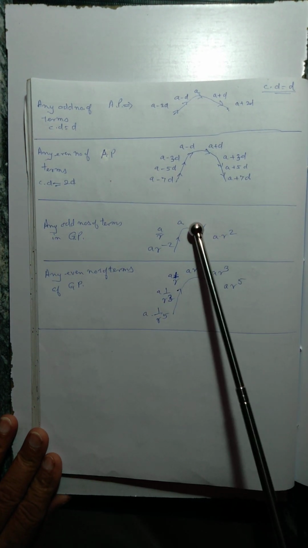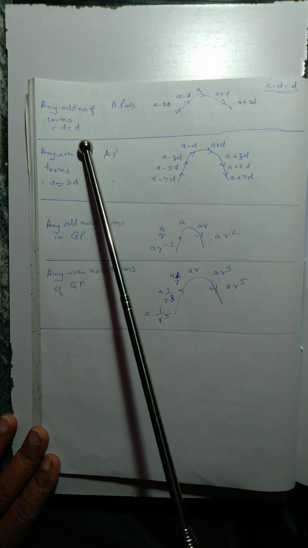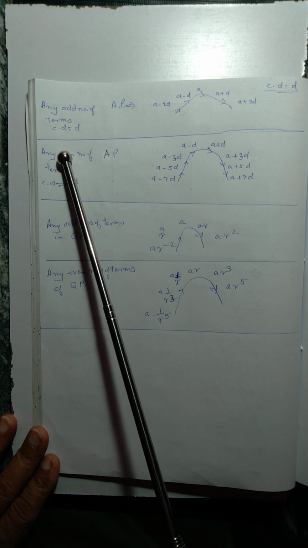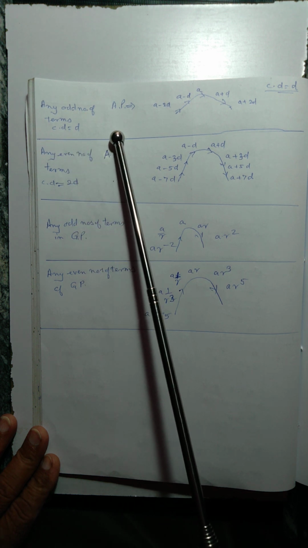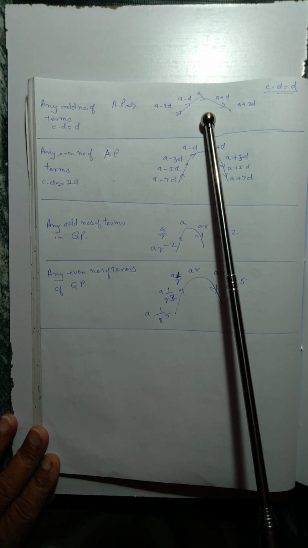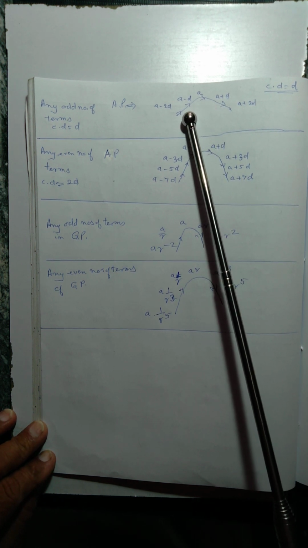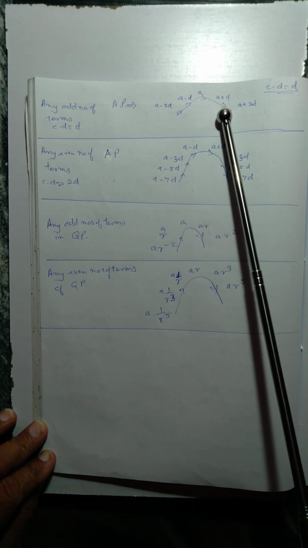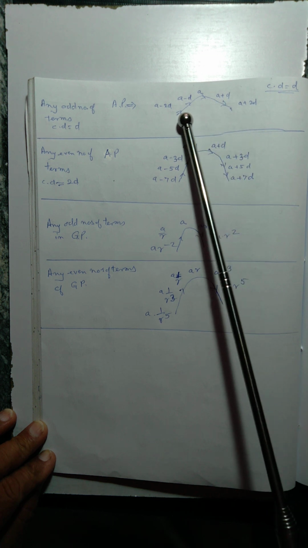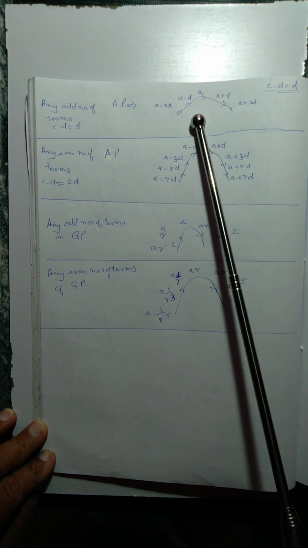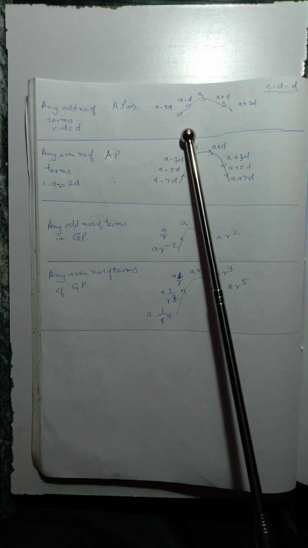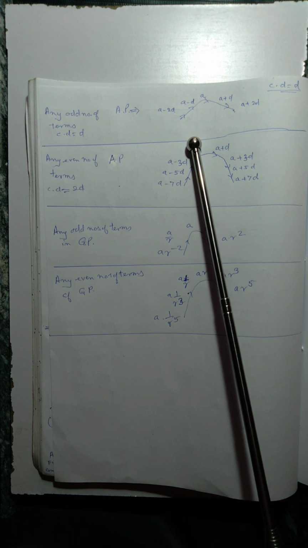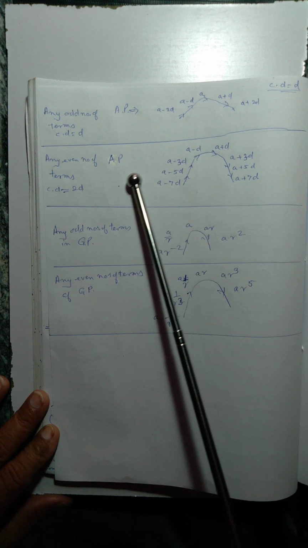Sometimes questions are asked with an odd number of terms, suppose 3 terms, 5 terms, 7 terms like that. So if we choose the terms like this: a minus 2d, a minus d, a, a plus d, a plus 2d, I have written this for 5 terms. If you choose this type of terms, it will be convenient to calculate and find the values of a and d.